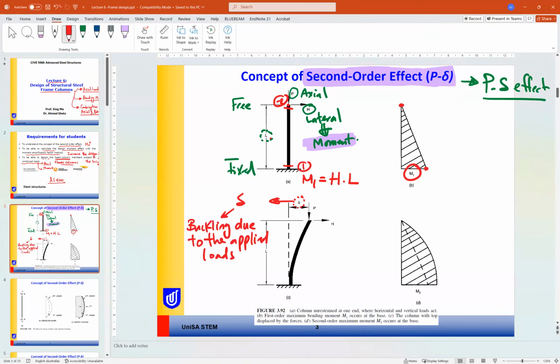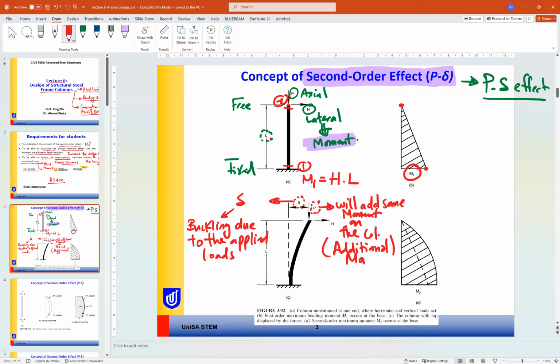This buckling will affect the moment, because when the column buckles, we have another force that will cause moment. So P will add some additional moment on the column.